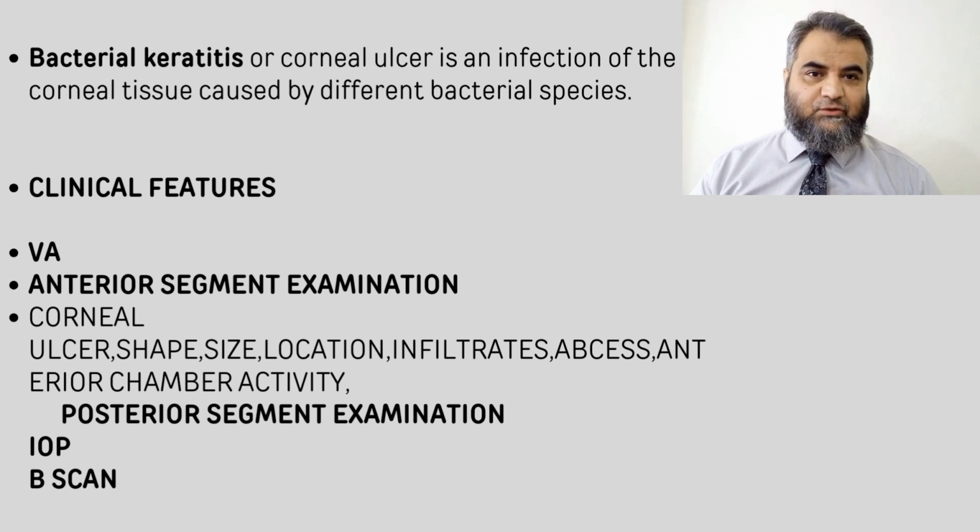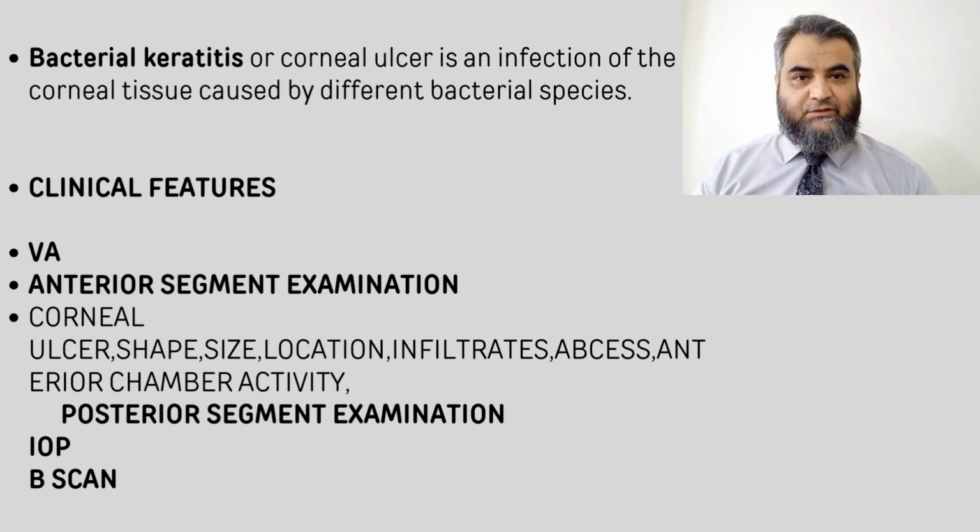Basically, these are the things we do for the anterior segment examination. We also note the size of the corneal ulcer and its location from the limbus. Is it central, mid-periphery, or in the periphery? These are very important things which play a crucial role in management.